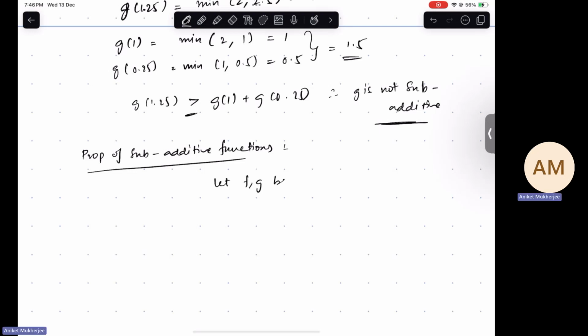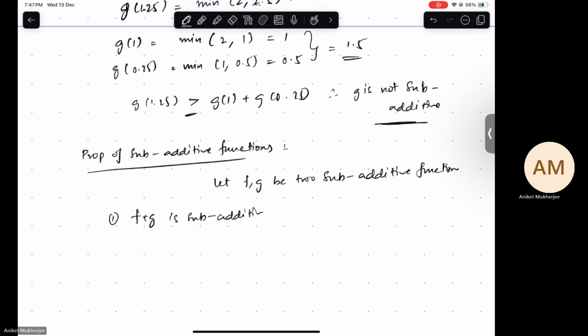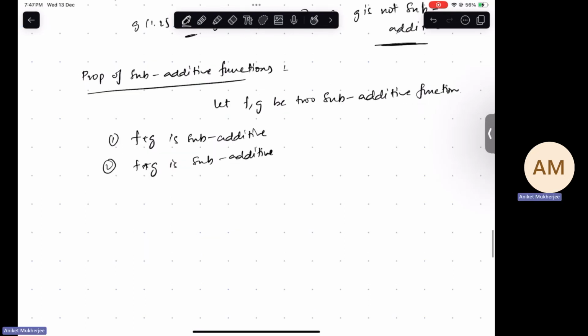Let f comma g be two subadditive functions. Then one, f plus g is subadditive. Two, f convolution g is also subadditive. Right.